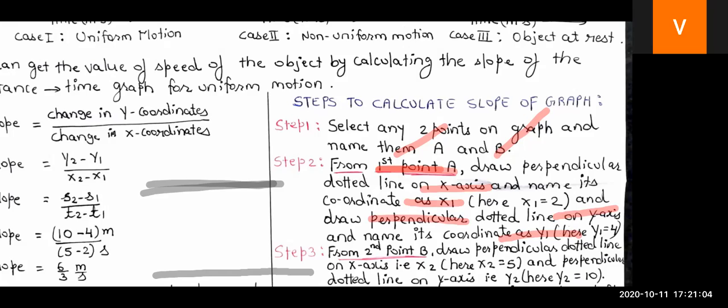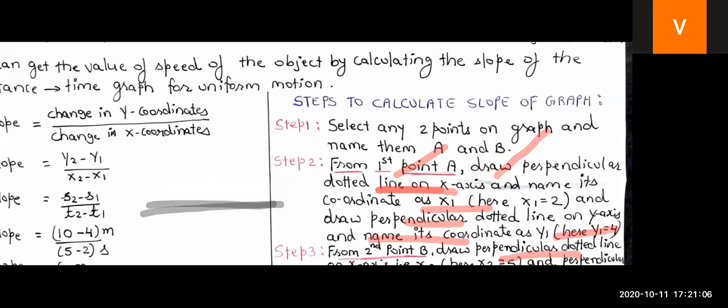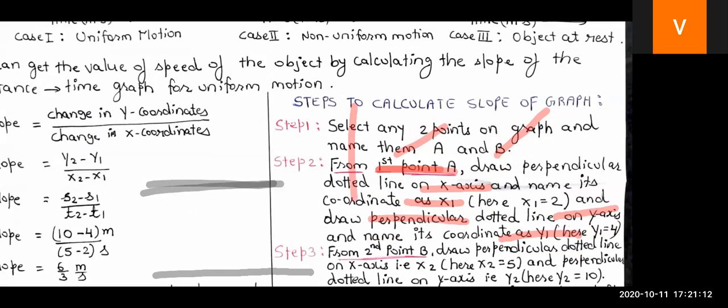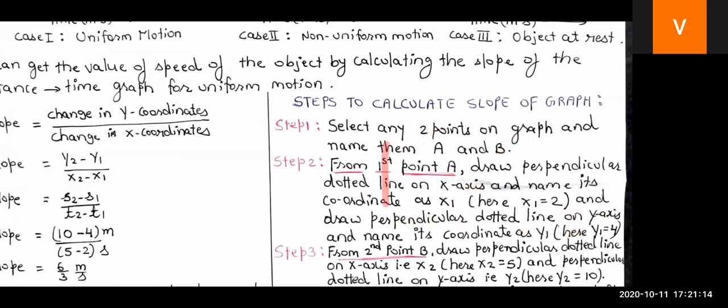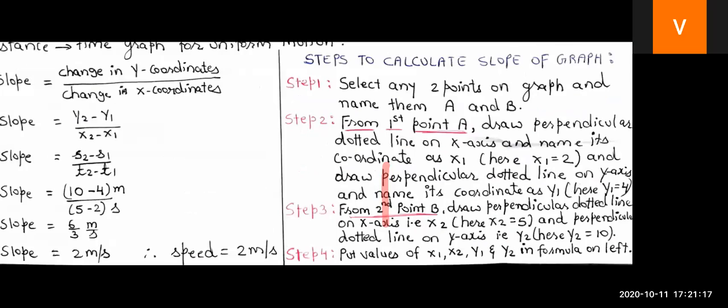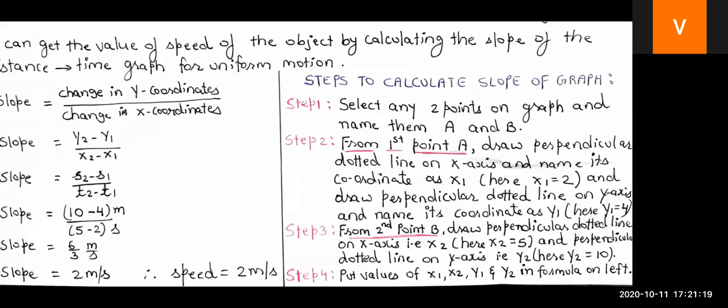Now we will proceed towards point 2. From point 2 also the same procedure we are going to do. That is, from point 2 we are going to draw a dotted line on x-axis and we will name it as x2 and we'll see its value.